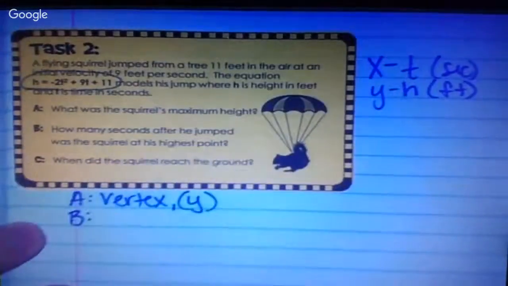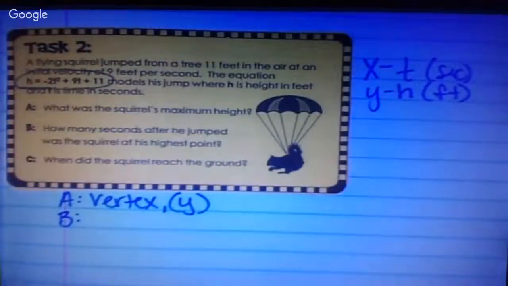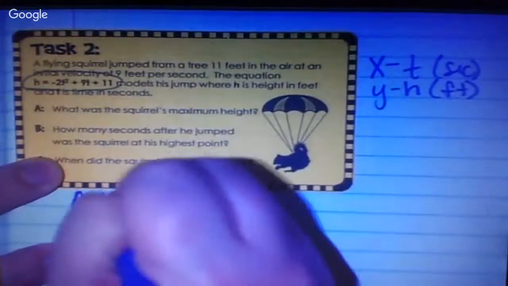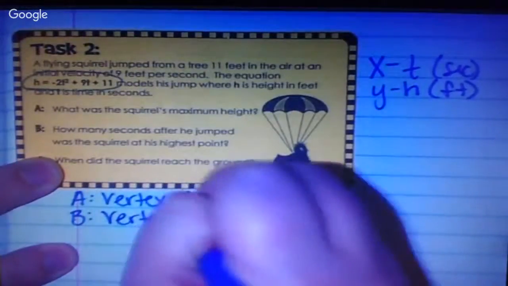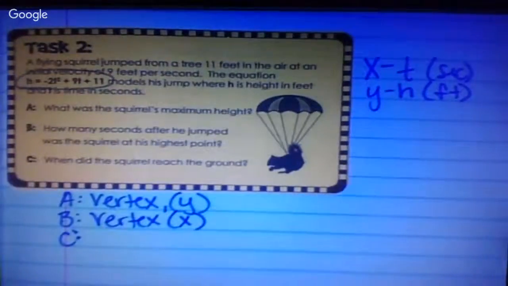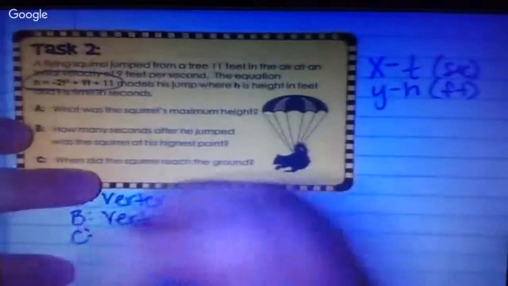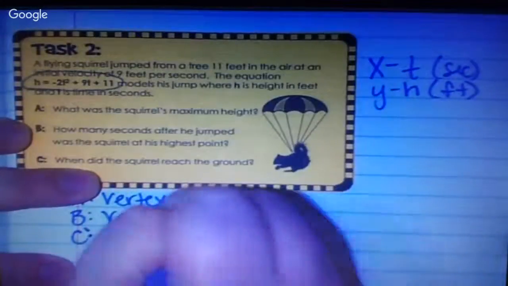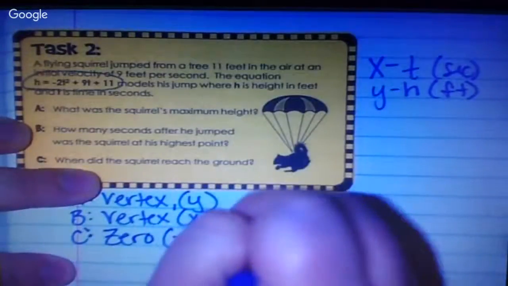B says, how many seconds after he jumped was the squirrel at its highest point? That's also the vertex, but now I'm looking at seconds, so I want the x. C, when did the squirrel reach the ground? Jackie said 0, which is the x-intercept.